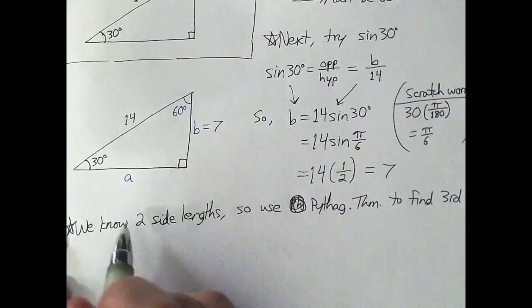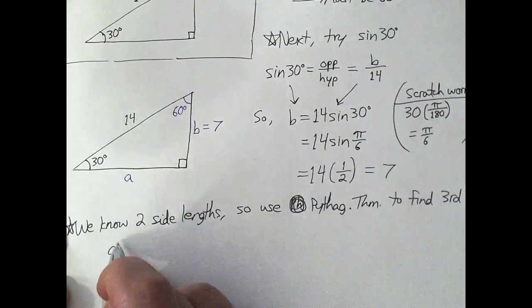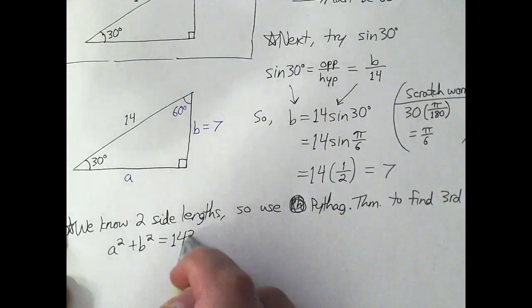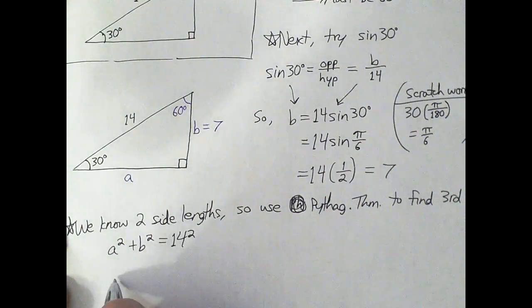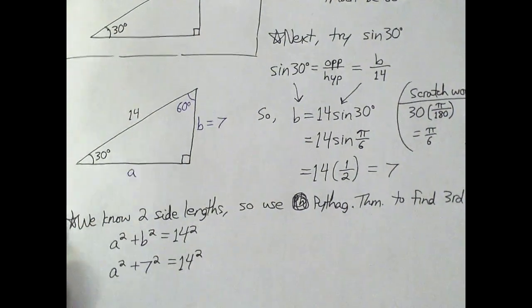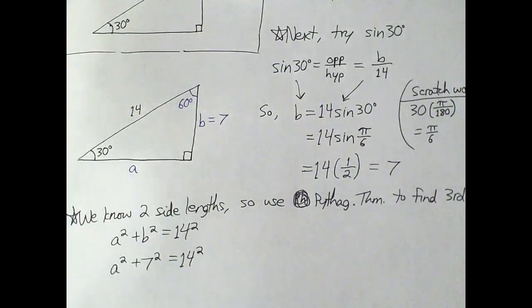So in this case, a squared plus b squared must equal 14 squared. And we just found b is 7. So a squared plus 7 squared equals 14 squared. Can we find a from this? If we could find a, then we're done with the problem.